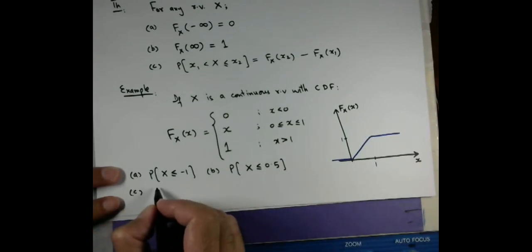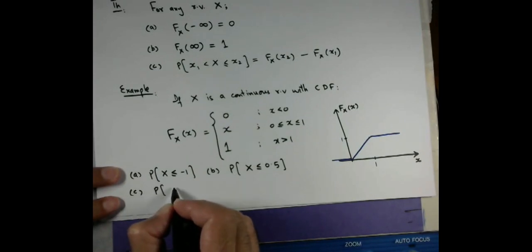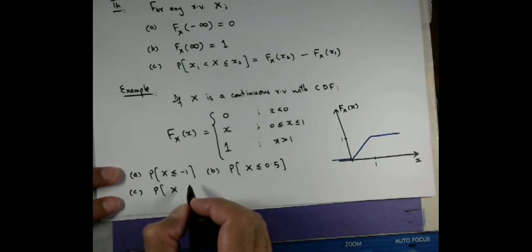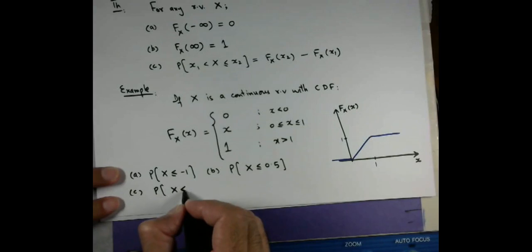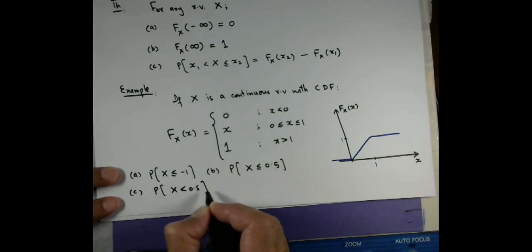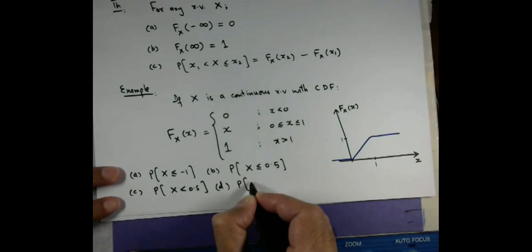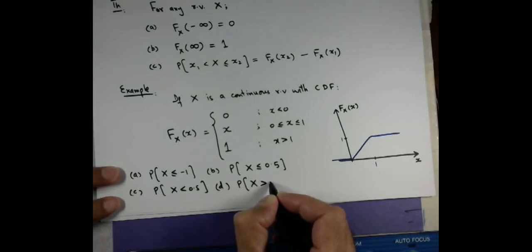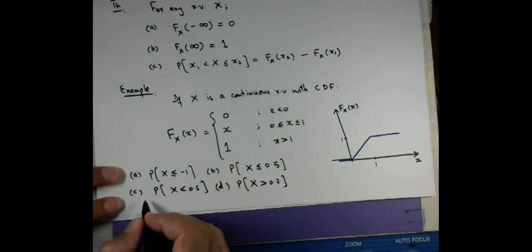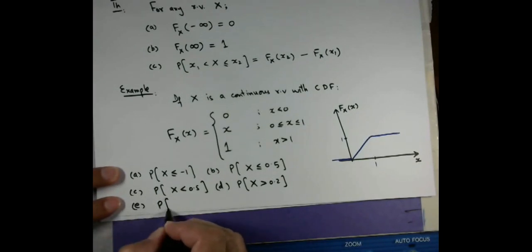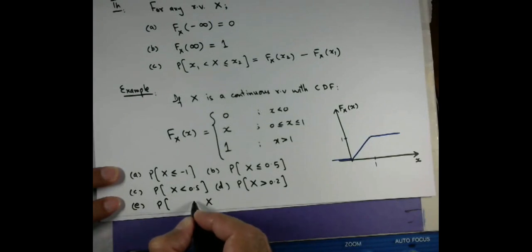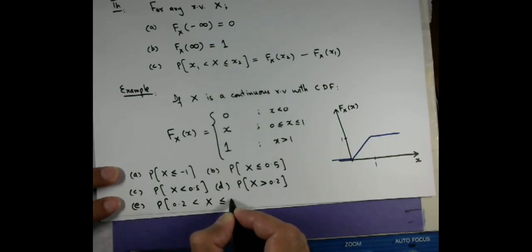C, the probability that x is less than 0.5. D, the probability that x is greater than 0.2. And E, the probability that x is greater than 0.2 but less than or equal to 0.5.